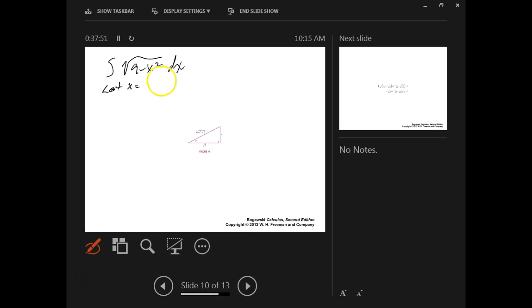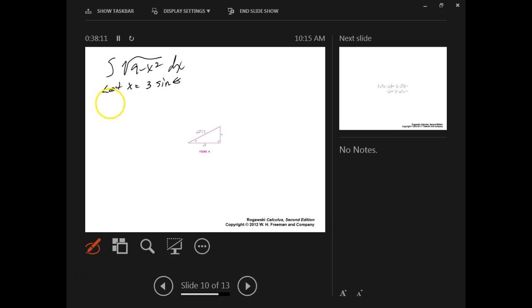Sine, I believe. X equals 3 sine theta. Yep, that's the trig substitution used there.